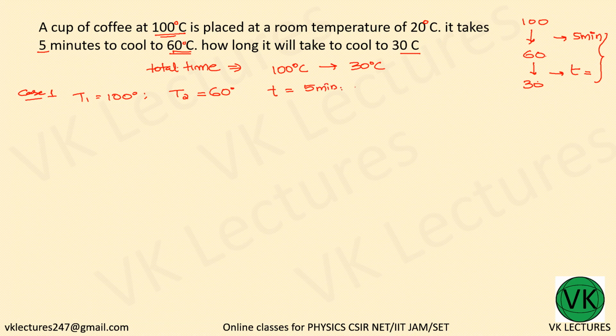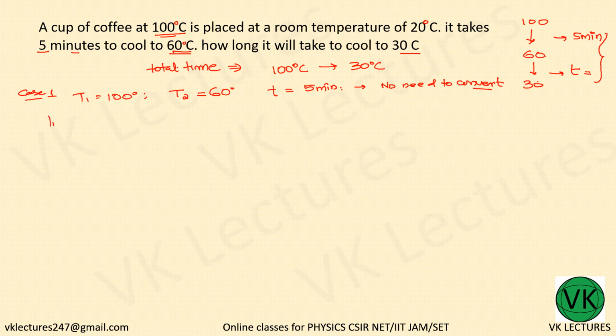No need to convert to seconds because we will get the answer in minutes. Later on if the question is asked in seconds also, you can convert it into seconds, because here in the question it is given in terms of minutes.